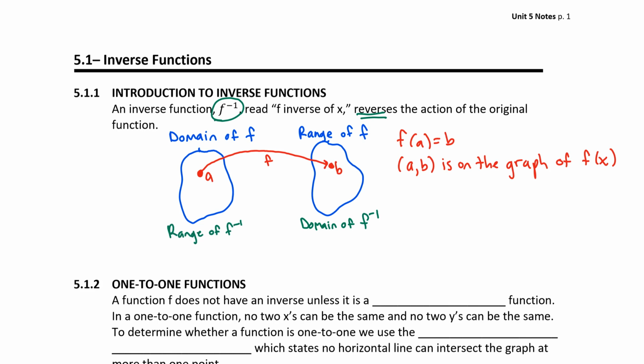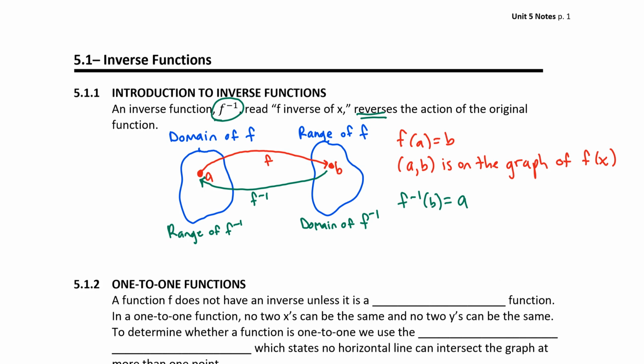So I'm going to apply a new operation to b and map it right back to a. So observing from this mapping, we could say f inverse of b is a. So whatever operation the function f accomplished, the function f inverse is going to reverse or undo.